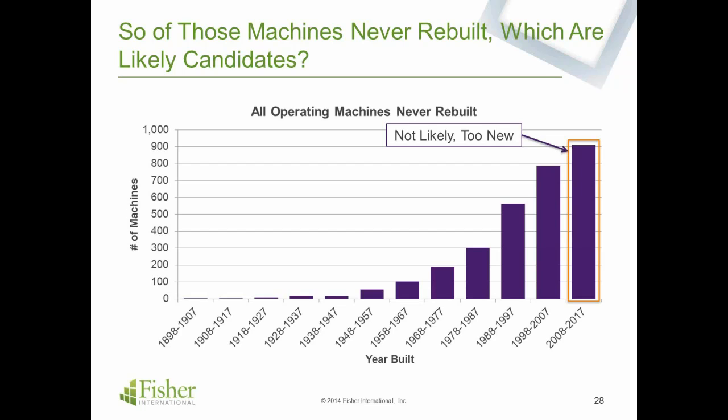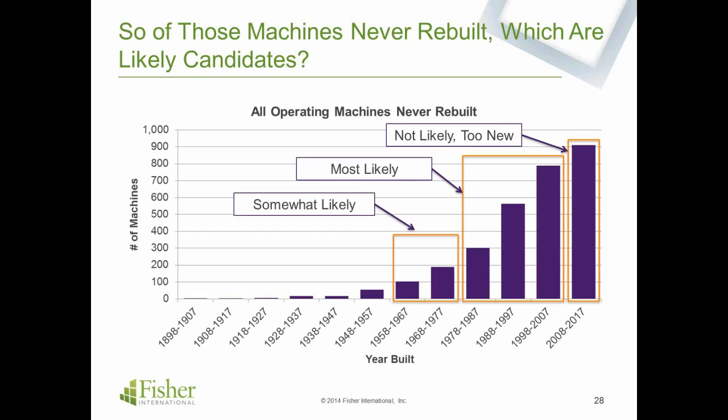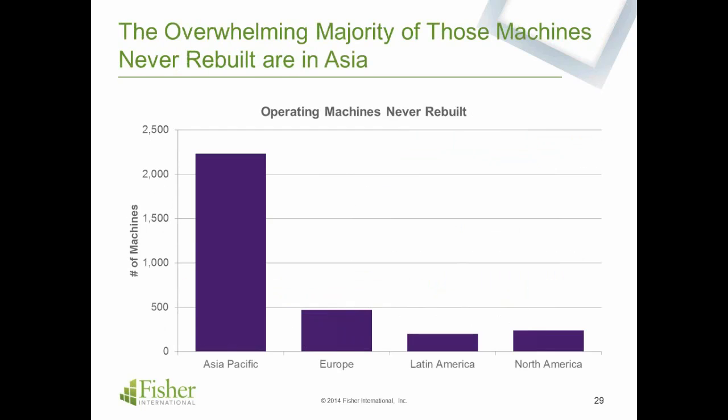Of course, as we advance in time, they'll get some age on them and they'll move into the more likely candidate category of those machines that are between 5 and 35 years of age. And then there's a little less likely, but still somewhat likely chance for those machines that are between 35 and 55 years of age to be rebuilt. But once a machine gets past 55 years of age, it's unlikely that it's going to be a candidate for a rebuild.